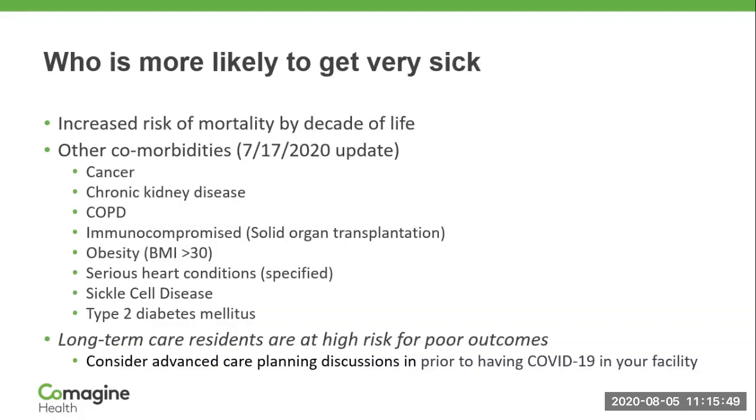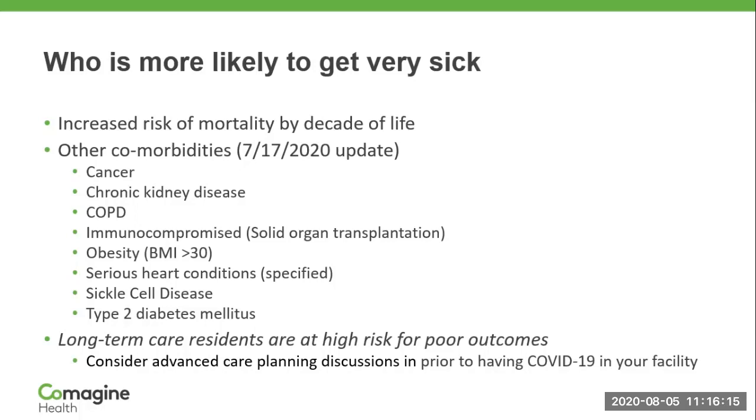Another thing that was updated fairly recently is who is most likely to get very sick from infection. So there's an increased risk of mortality by decade of life, and many of you have probably already seen that, but particularly over 80, there's a large increase in mortality rate.